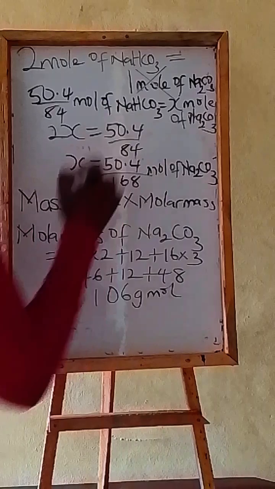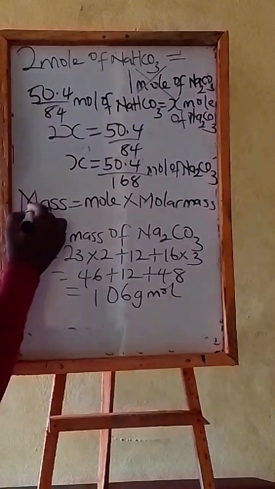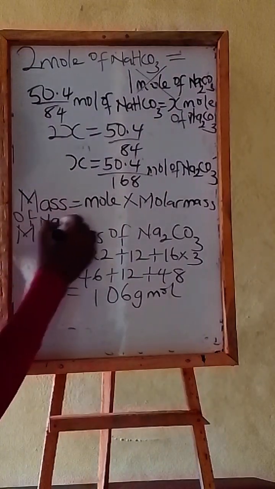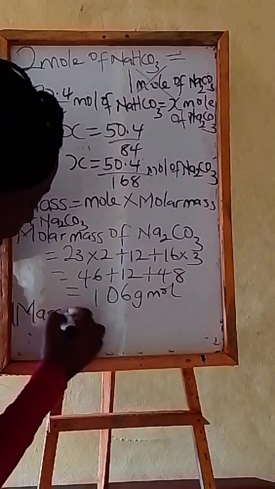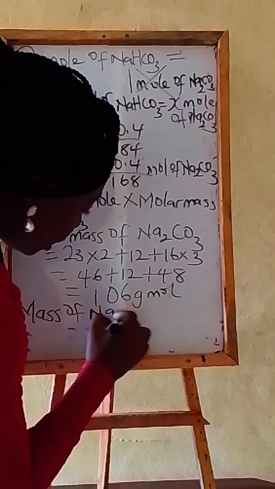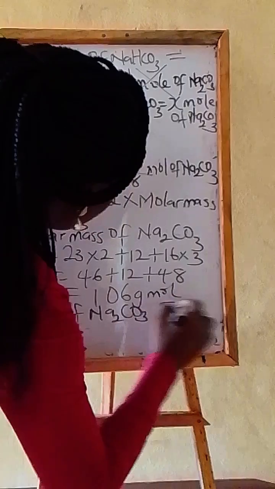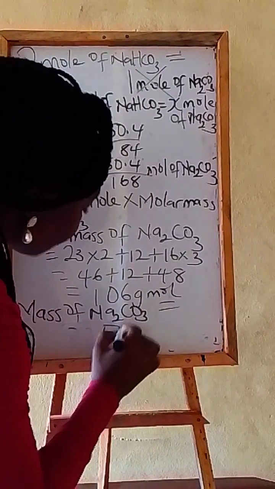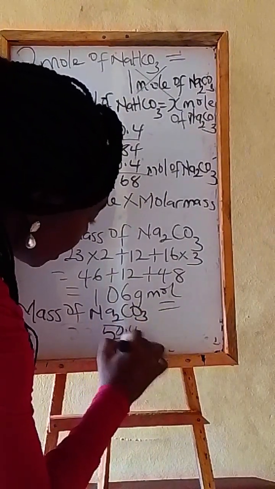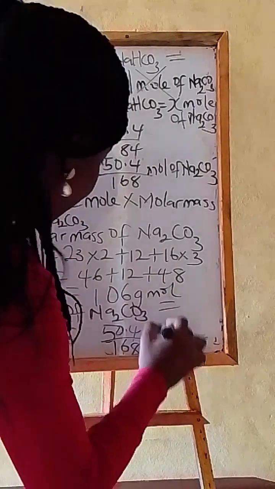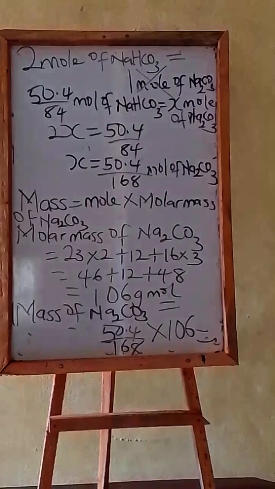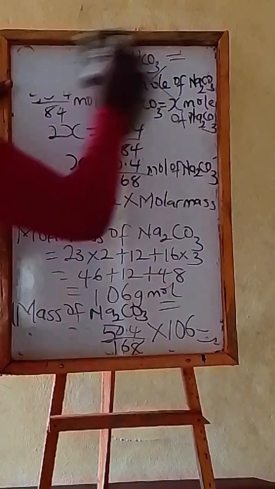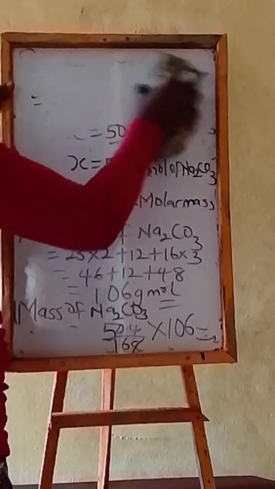We just come here: the mass of Na2CO3 equals 50.4 over 168 times 106. So you arrive at your answer. That's how to calculate mass to mass relationship.